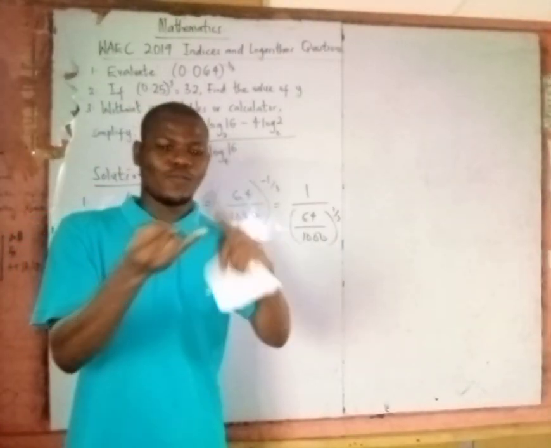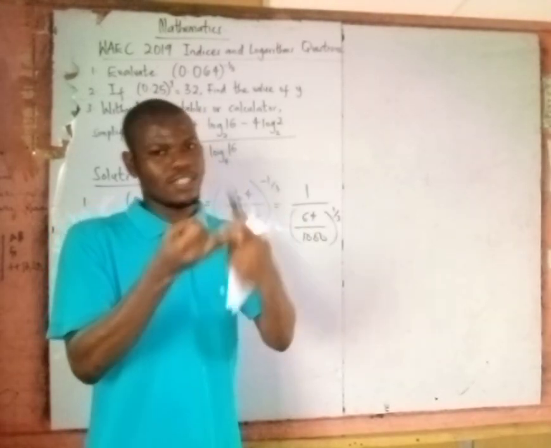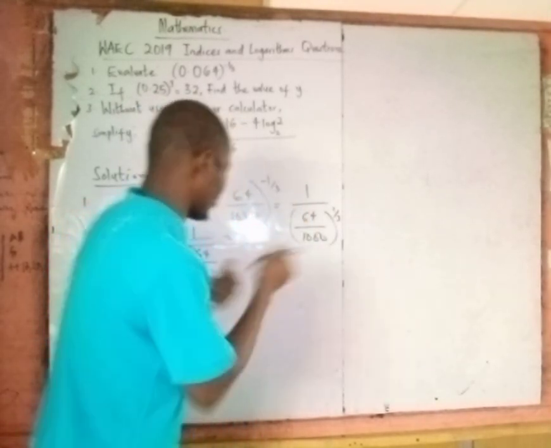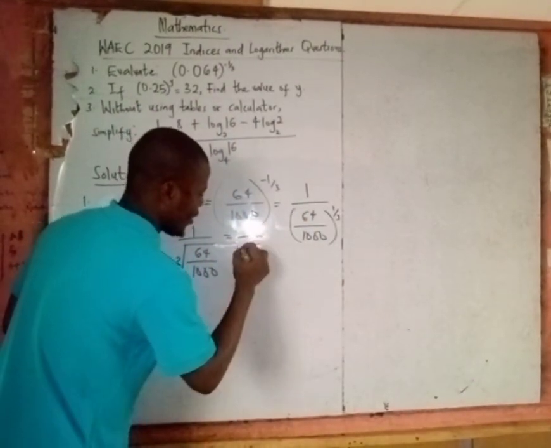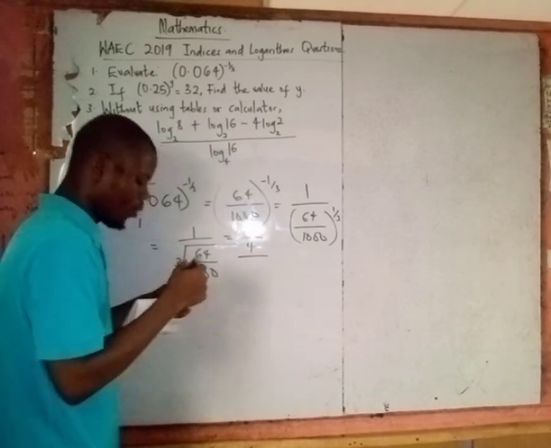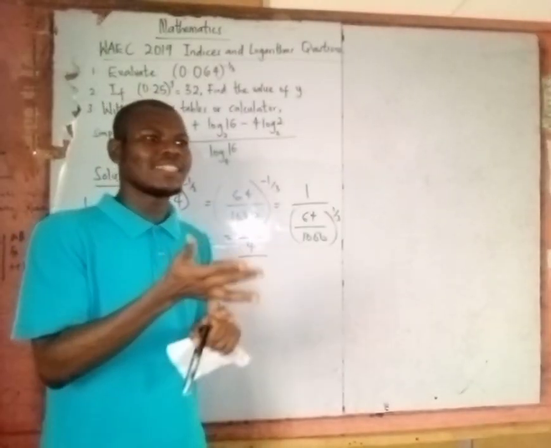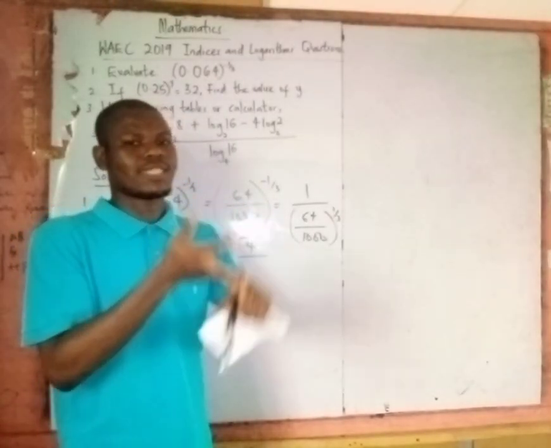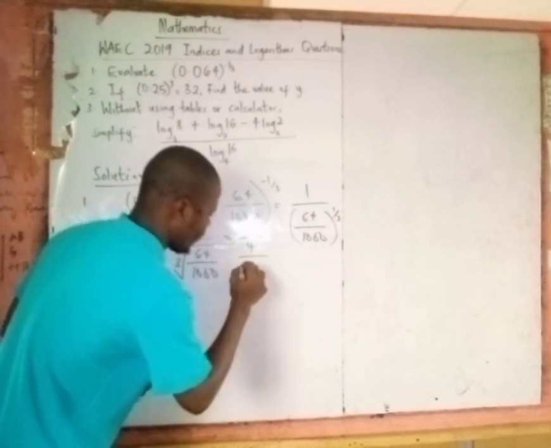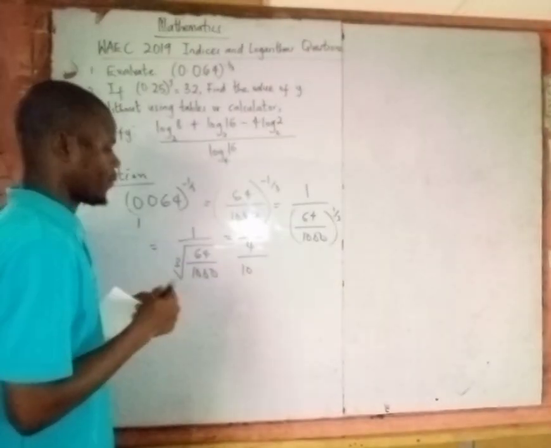For 64, that is 4: 4 times 4 is 16, 16 times 4 is 64. So we have 4. For 1000, that is 10: 10 times 10 is 100, 100 times 10 is 1000. So we have 10 here.